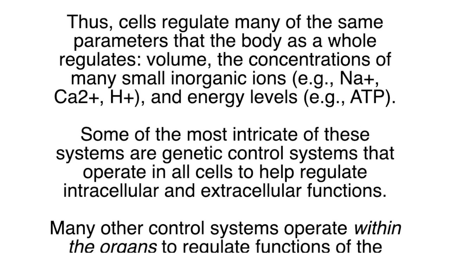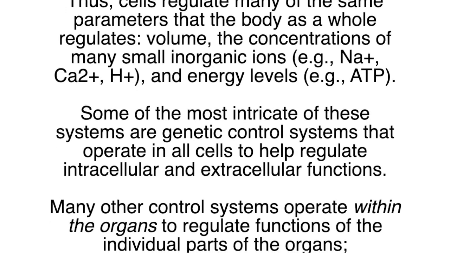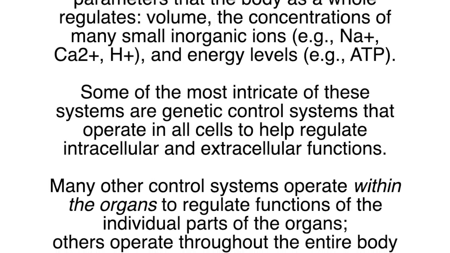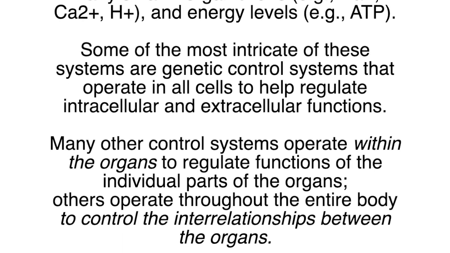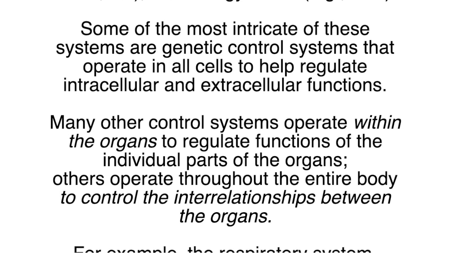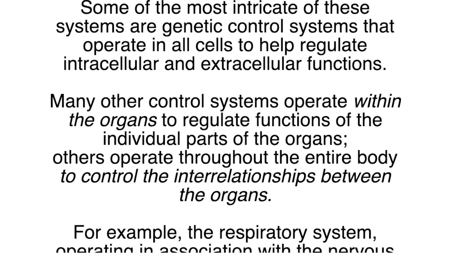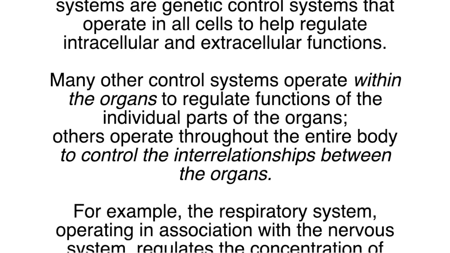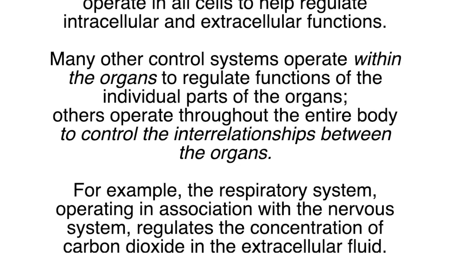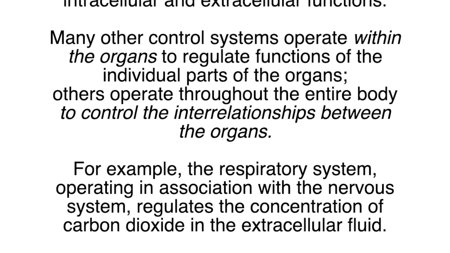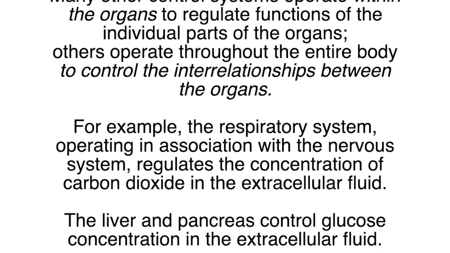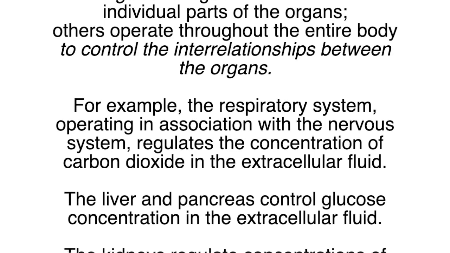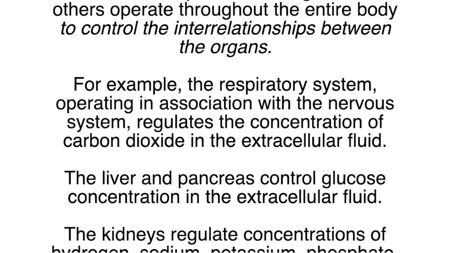Some of the most intricate of these systems are genetic control systems that operate in all cells to help regulate intracellular and extracellular functions. Many other control systems operate within the organs to regulate functions of the individual parts of these organs. Others operate throughout the entire body to control the interrelationships between the organs.